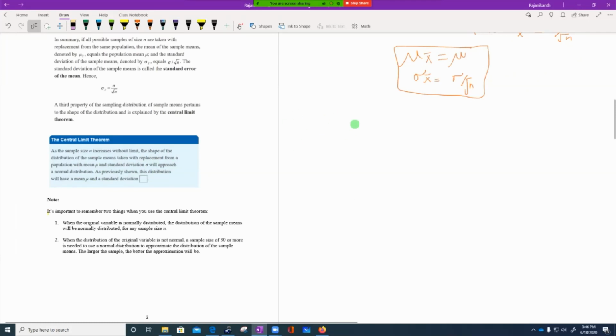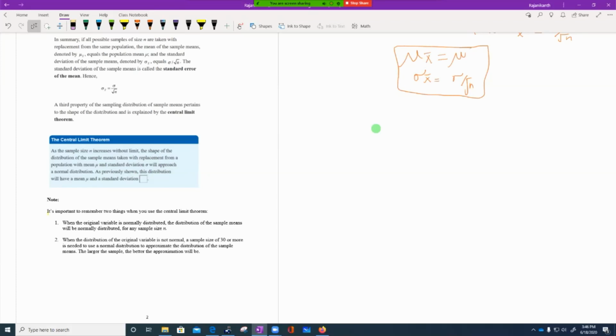Then the distribution of your sample mean is always going to be approximately normal, regardless of the distribution of your original x. Your x may or may not be normal, but if you have a large sample size, then your sampling distribution will have a normal approximation.